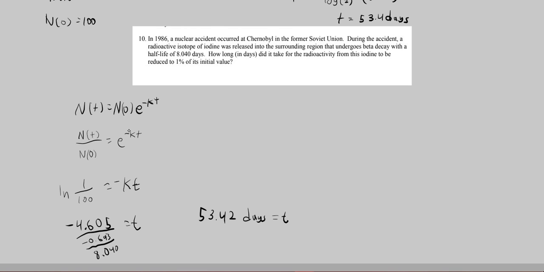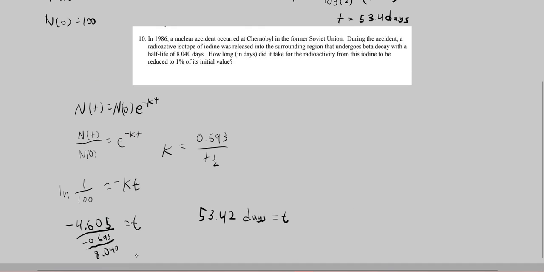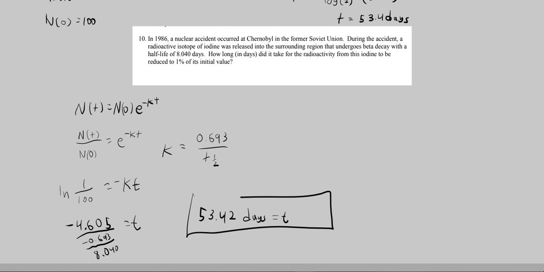I took natural log of that, which turned out to be this, and I divided negative k over, because k is equal to 0.693 over t half-life. And then we're given the half-life right here. So after doing that math, you just punch it in the calculator, and this is what you get for t. And by a quick comparison, you can see that you got the right answer.